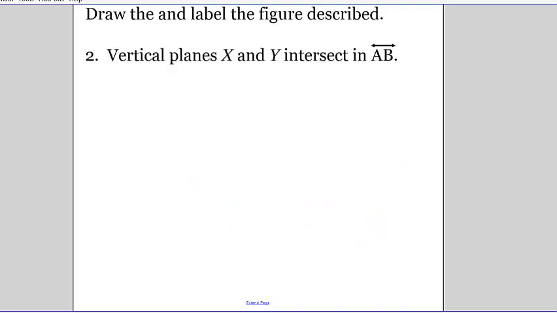Draw and label a figure to describe 2 vertical planes. Now there's 2 different ways to draw vertical planes. You can draw a vertical plane, one of them looking like that. Now let's draw another one, maybe just a little bit more slanted.